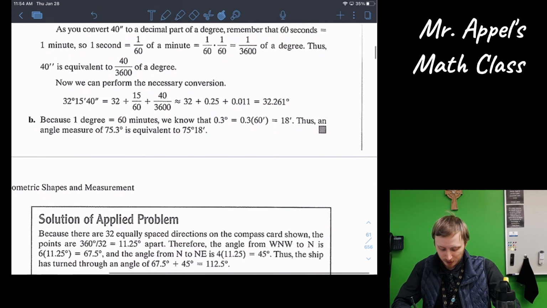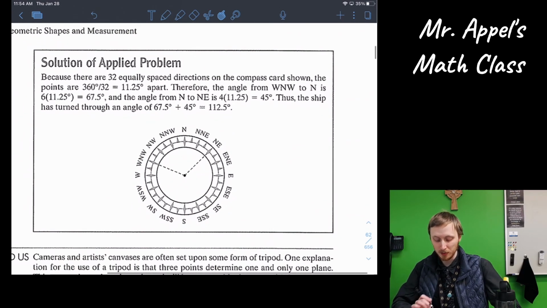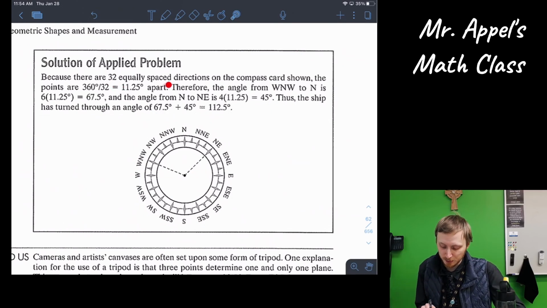And finally, we have the solution to our problem from the beginning. Remember the compass rose. Because there are 32 equally spaced directions on the compass card shown, the points are 360 degrees divided by 32, or 11.25 degrees apart.